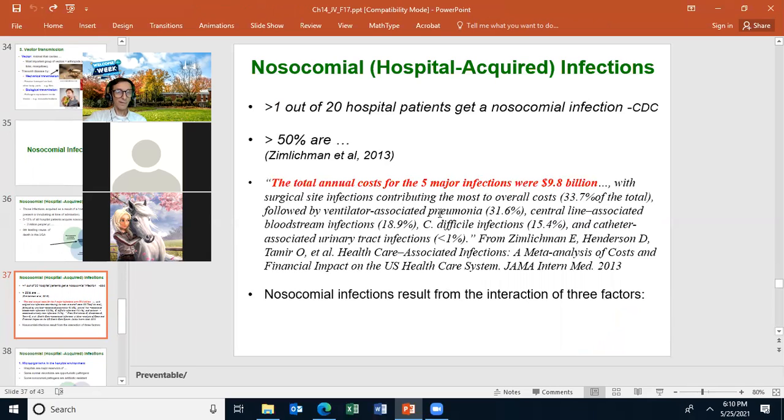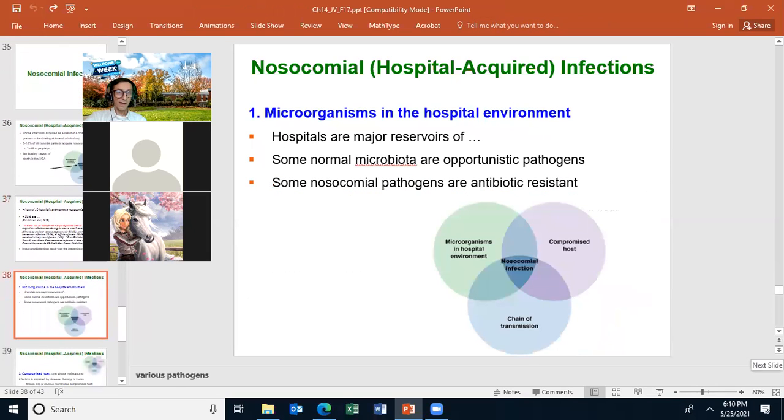Nosocomial infections result from the interaction of 3 factors that happen in a healthcare environment. First, the microorganisms are present in the hospital or the healthcare facility. It's unavoidable. You will always have microorganisms which can cause a nosocomial infection.